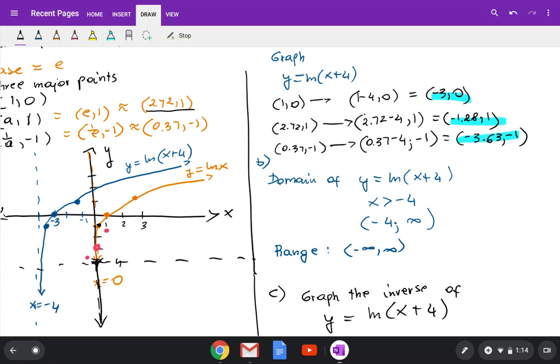So let me graph this function, and it's going to look like this. Okay, so the pink one is the inverse function.